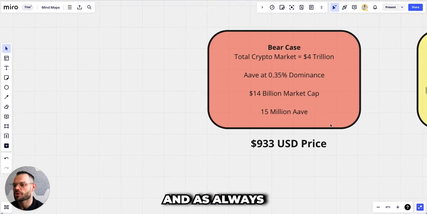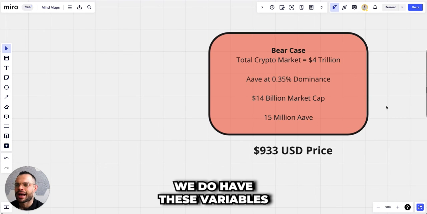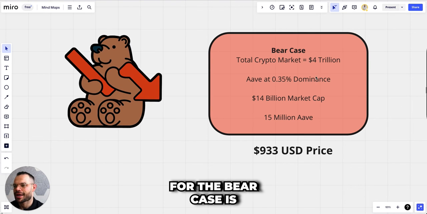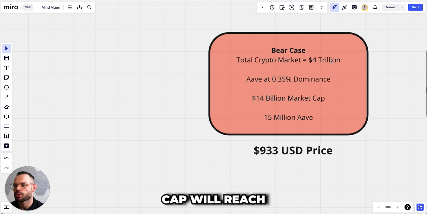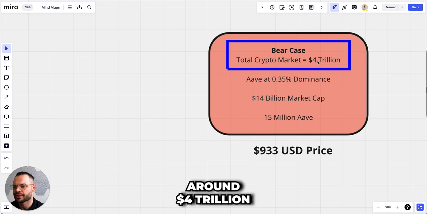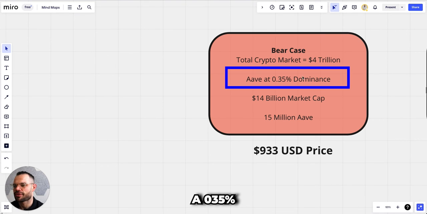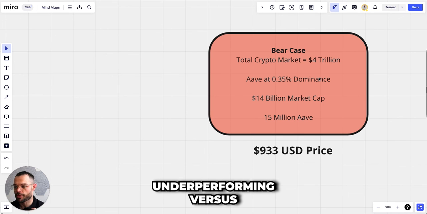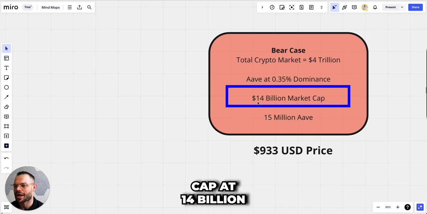And as always, we're going to look at a bear case, base case, and bull case scenario. We do have these variables, so let's run through them. The first case, the bear case, is basically assuming that the total crypto market cap will reach a peak of around $4 trillion. What we're saying is that Aave could reach a 0.35% dominance, which would be underperforming versus the previous cycle, but that would give Aave a new all-time high in terms of market cap at 14 billion.